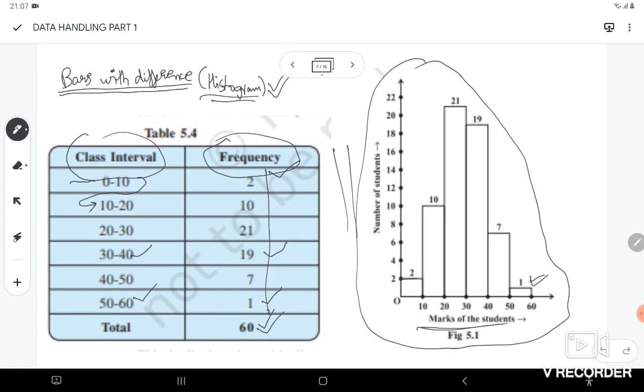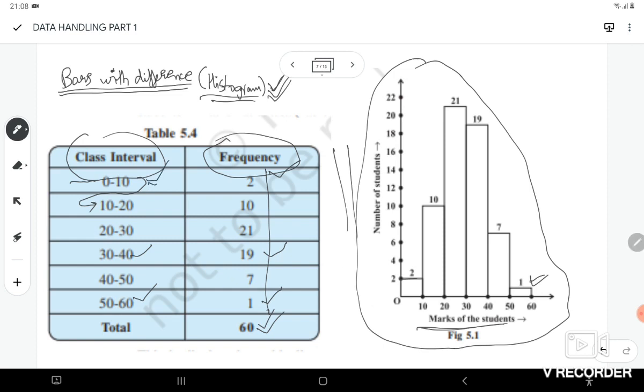Now moving on to bars with the difference, which is also known as a histogram. A histogram is used in case of bars where there is use of class intervals, that is, the data is in continuous form.